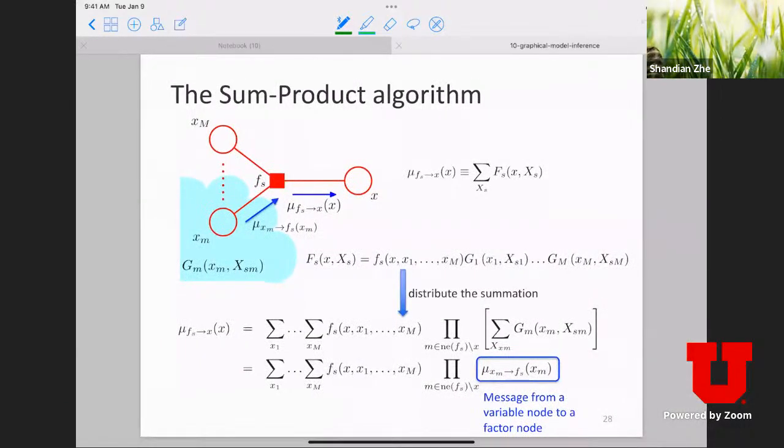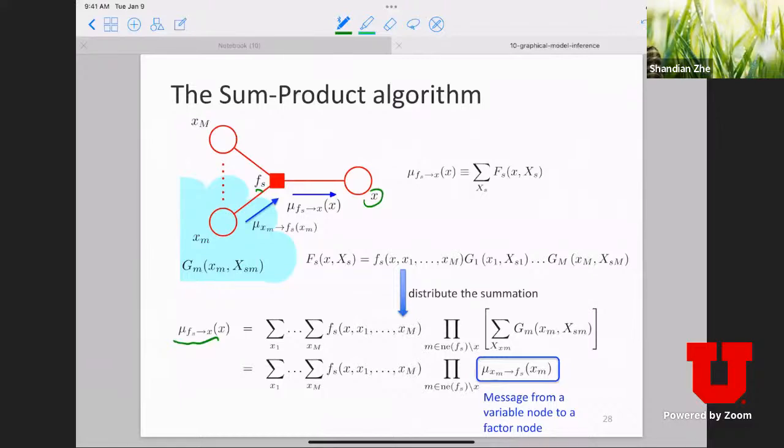So from this analysis, we got the rule that if we want to compute a message from any factor f of s to the variable x, we just need to first prepare the message sent from any neighboring variable of f of s other than x.